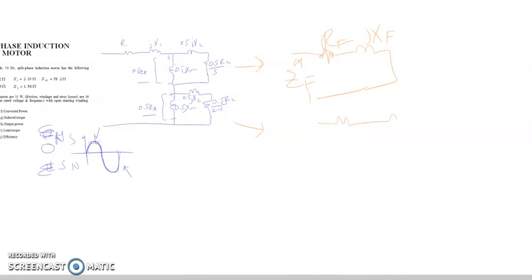So you have to calculate and obtain R backward with JX backward. You transfer all of this into Thevenin equivalent impedance, and also this part into Thevenin equivalent impedance.